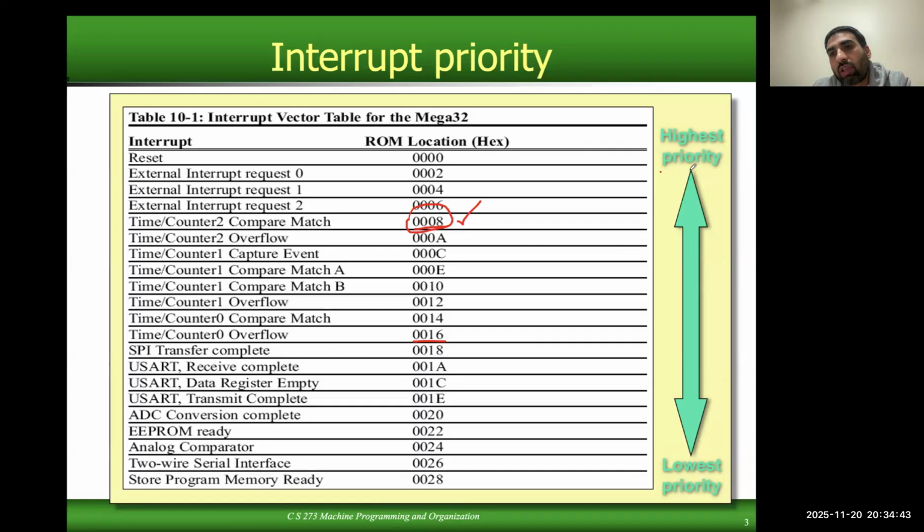So in this table, the lower the address, the higher the priority, and the higher the address, the lower the priority.